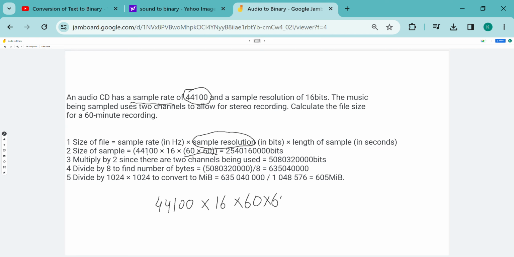Okay, what is the next step? We are going to divide by 8. If I convert these bits into bytes, in the question it's given in bits and we need to convert it into bytes for calculating the file size. And then if I convert it into megabytes, how am I going to go about it?